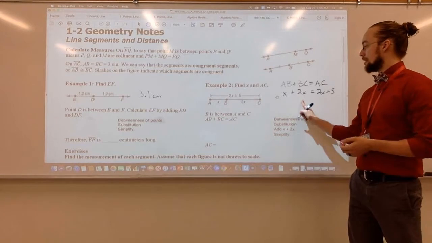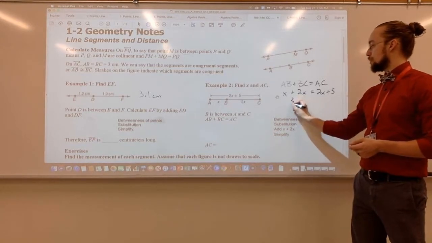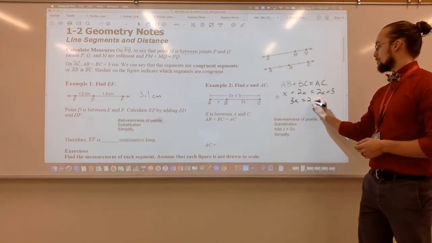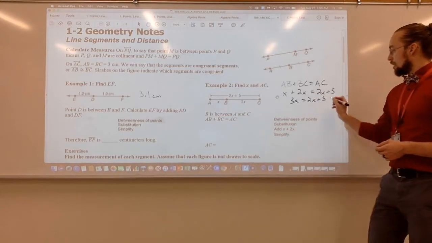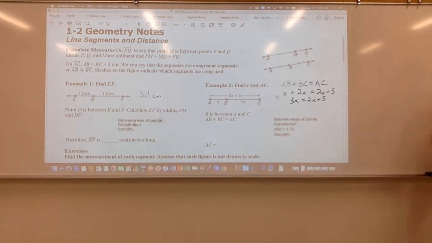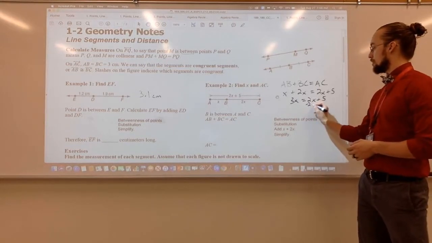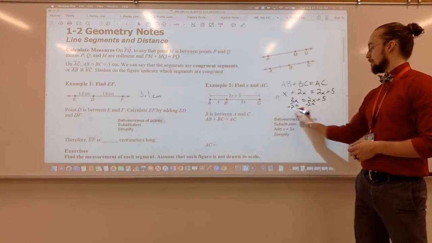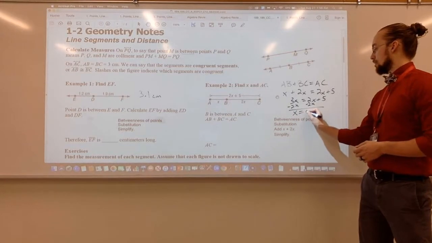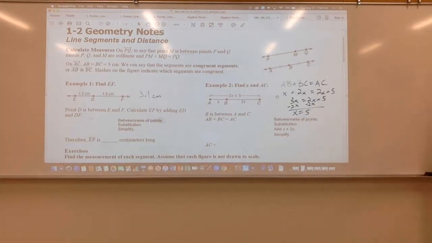Then we just have a simple linear equation to solve for X. So, combine like terms over here. X plus 2X would be 3X. Then I want to get the X's on one side, numbers on the other, so I can subtract 2X over here. And I end up with X equals 5. And I'm done.